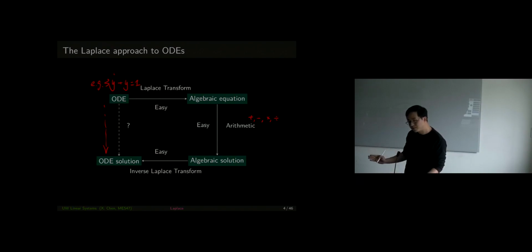The Laplace approach to ordinary differential equations gives you this path on the right-hand side. By applying the Laplace and the inverse Laplace transforms, we can transform the ordinary differential equation to an algebraic equation and use simple add, subtract, multiply, or division to solve the problem.